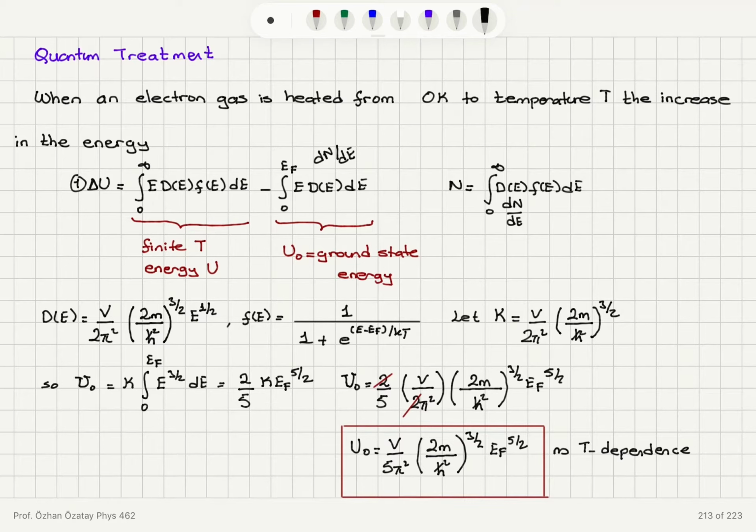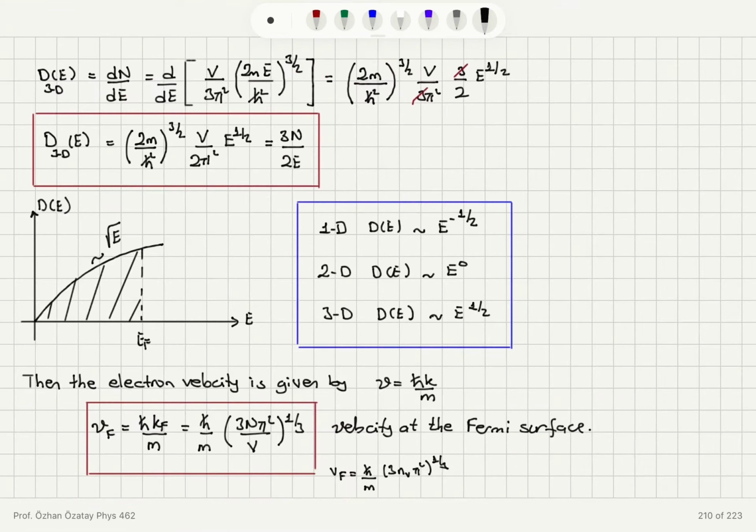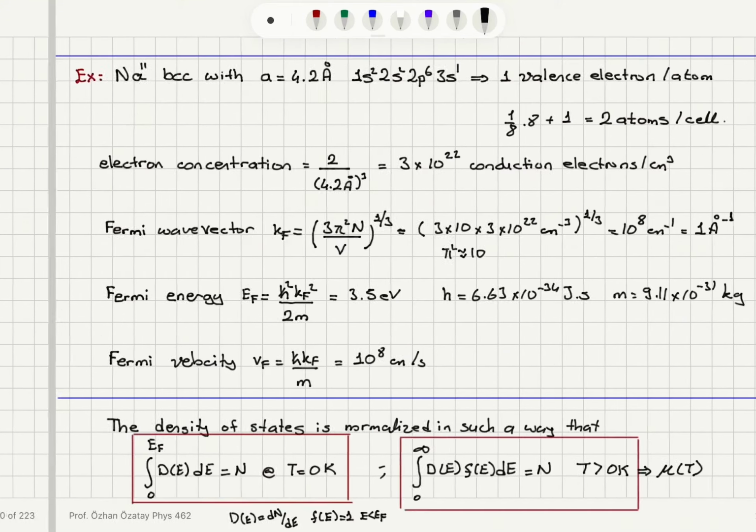Now the density of states, which changes with energy E, is V over 2 pi squared, (2m over h bar squared) to the power 3/2, times E to the 1/2. That's what we found in our previous calculation for the 3-dimensional electron gas.